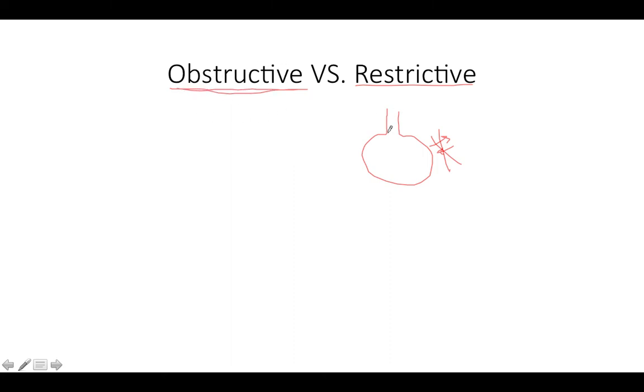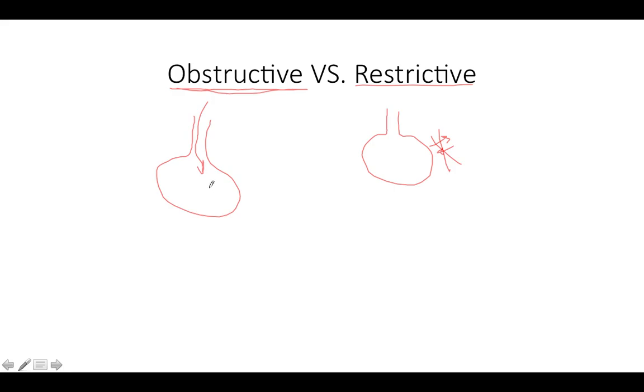Now this last one here, which is obstructive lung disease, I like to look at as dealing a little bit more directly with the air pathways and with the alveoli themselves. With an obstructive lung disease, it's easy for the person to breathe in. I shouldn't say easy, but they can breathe in just fine, and the air will be able to come in.